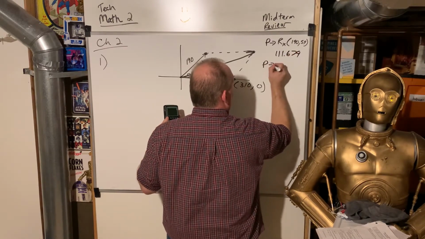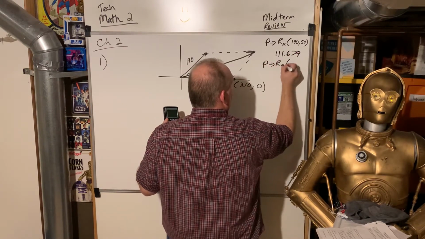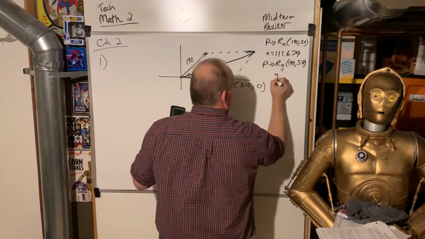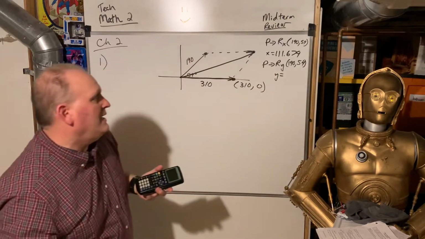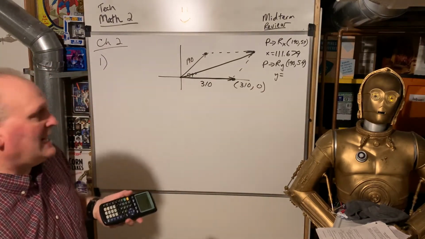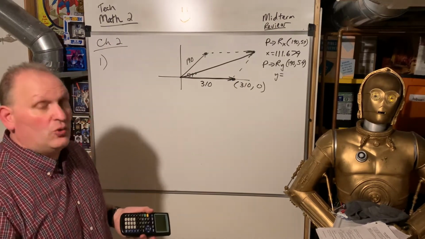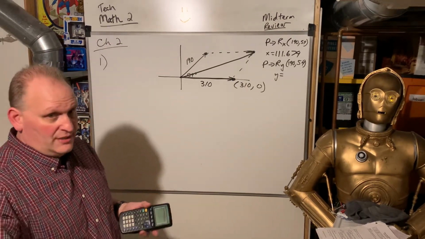Okay, polar to rectangular y, 190, comma 54. And you find y. You could also find y by taking 190 times the sine of 54. You could also find x by taking 190 times the cosine of 54. Make sure you're in degrees.